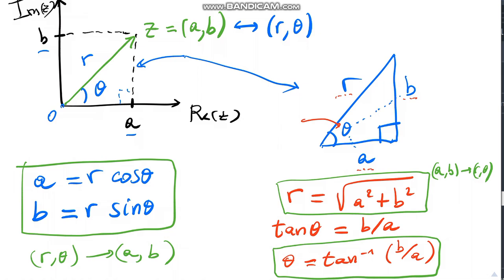And if you don't even use this triangle, to move from r, theta, so the polar description of a complex number, to a and b, real and imaginary part, rectangular form of a complex number. So if you know theta and r, you can insert them in this formula to get a and b. And if you've got a and b, you can find r and theta by using this set of formulas.